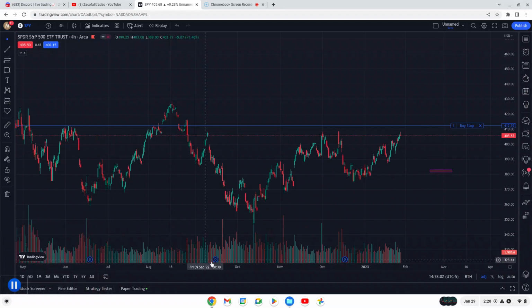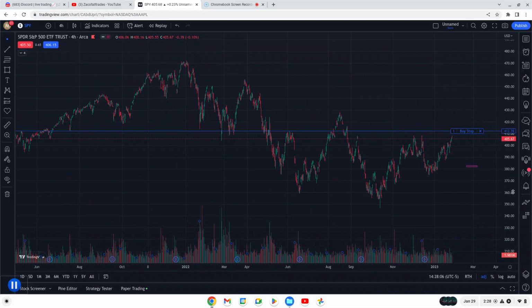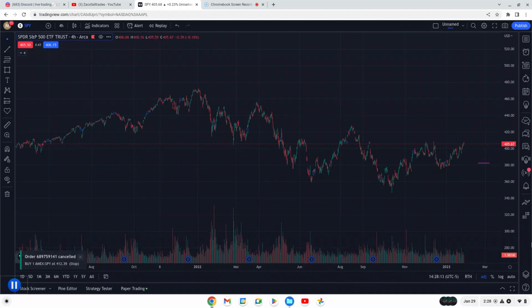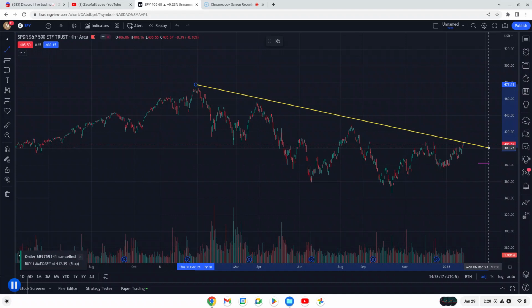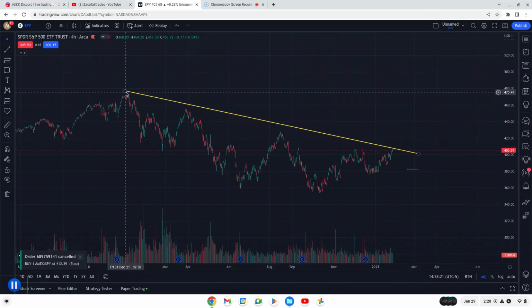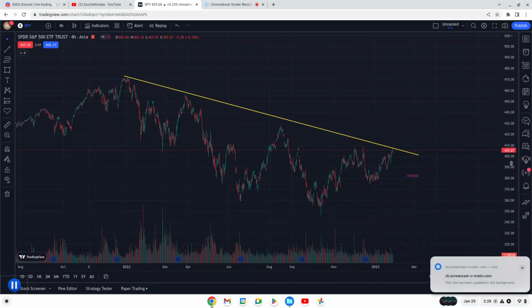All right. So overall, we are in a downtrend. Overall, we are in a downtrend, as you can see. We are going down. That's pretty obvious, right there.